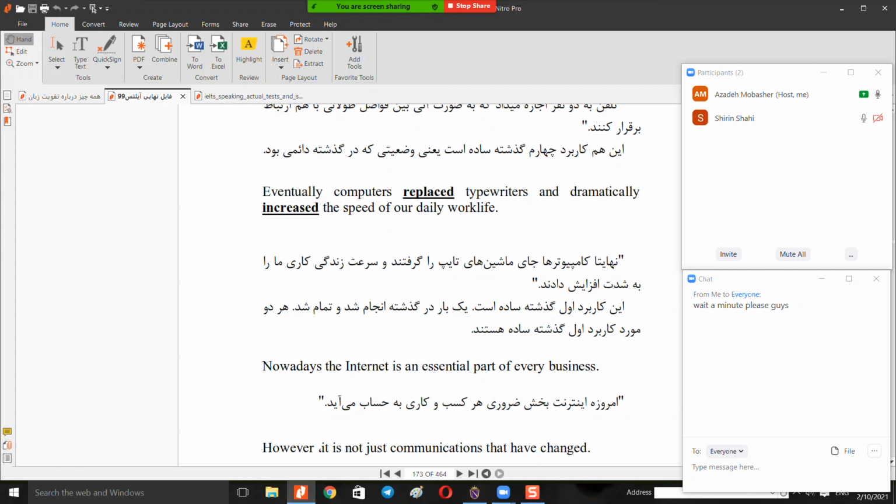The writer talks about the era when computers were introduced to people of the world, and they replaced typewriters. So you can't say it as a fact because it happened once in the past. You can say that computers are used instead of, for example, typewriters these days. That is a fact. But this thing happened in the past, and the writer is only referring to that era.